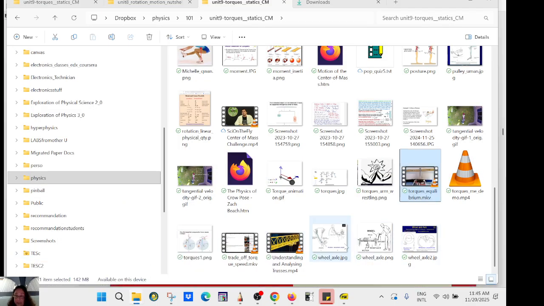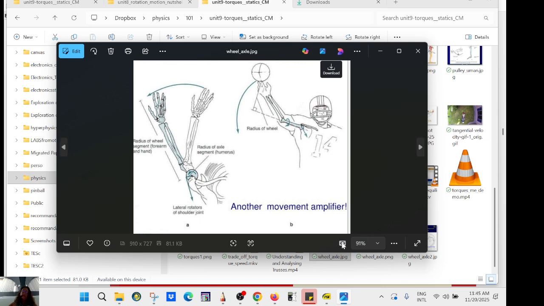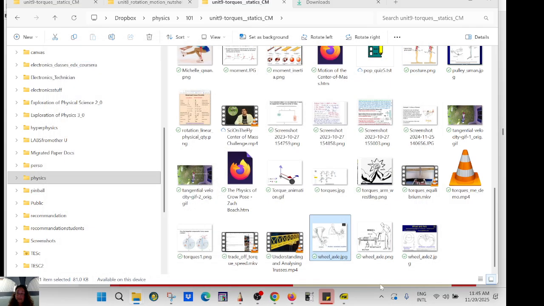It's all machines, right? If you do something like this here, it means a small rotation here, so in that case you are amplifying the distance. Small rotation here, big rotation there. Small rotation, large muscle here, small force there. So that will be wheel and axle.